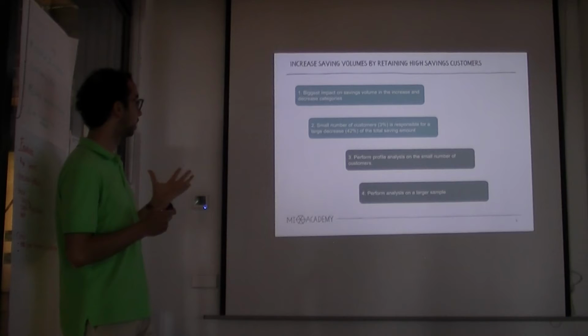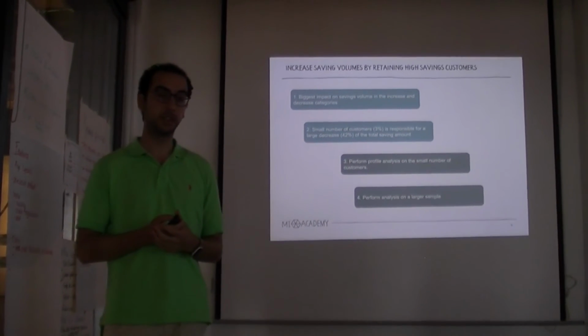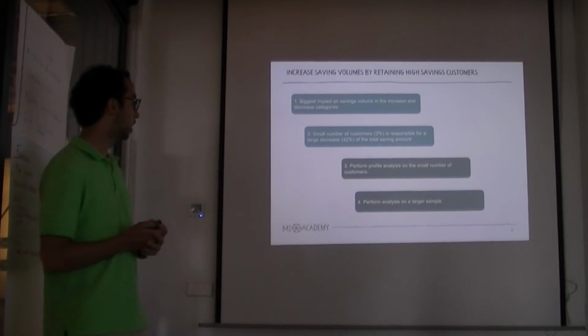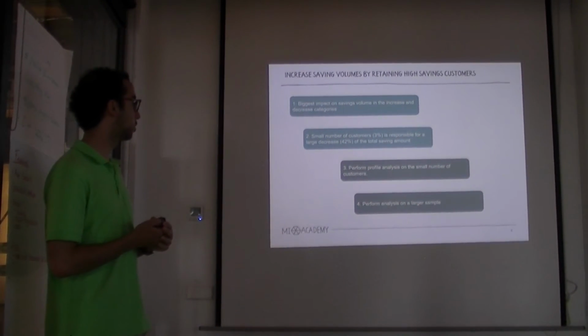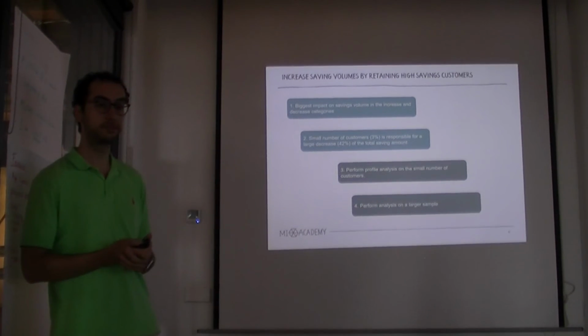Summarizing, we saw that the biggest impact on saving volume is caused by the increase and decrease categories. When we looked further into this, we saw that a small number of customers is responsible for a very large decrease on the total savings.